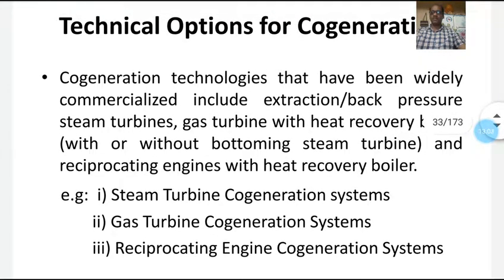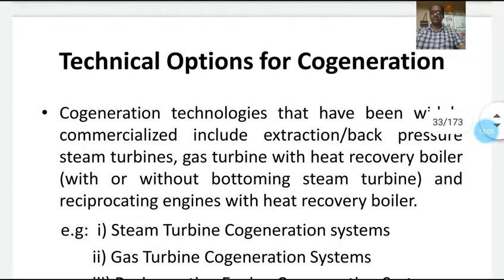Now, technological options for cogeneration. These cogeneration technologies have been widely commercialized, including extraction or back pressure turbine, gas turbine with heat recovery boiler, with or without bottoming steam turbine, and reciprocating engine with heat recovery boiler.